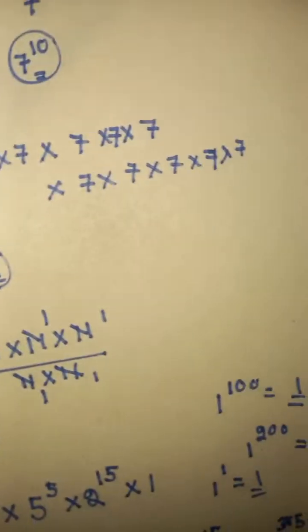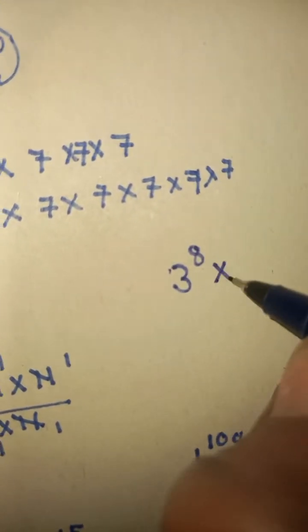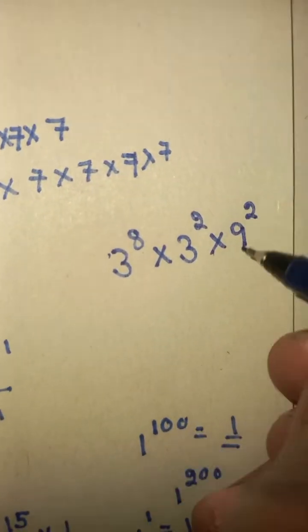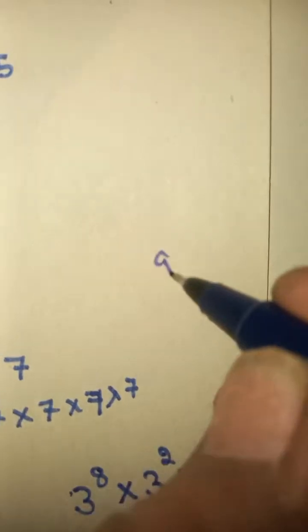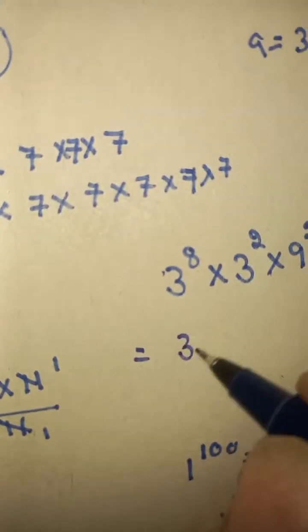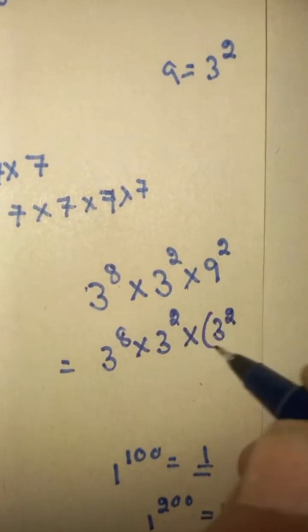At last you can take this value, that is 3 power of 8 times 3 power of 2 times 9 square. 9 you can write as 3 square. So this will be equal to 3 power of 8 times 3 square times (3 square) whole square.